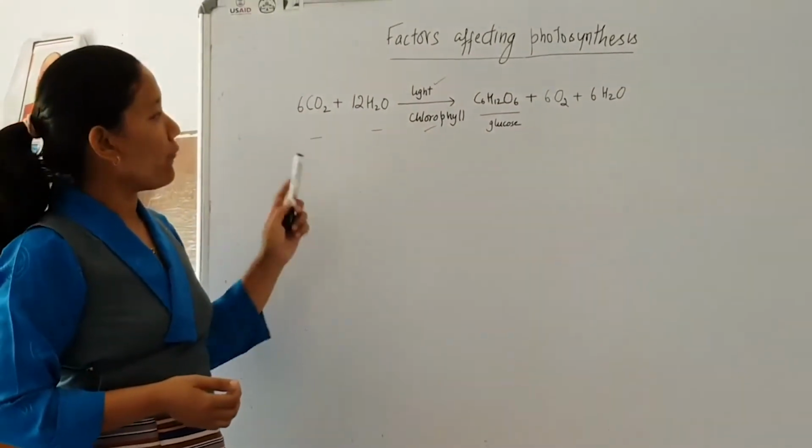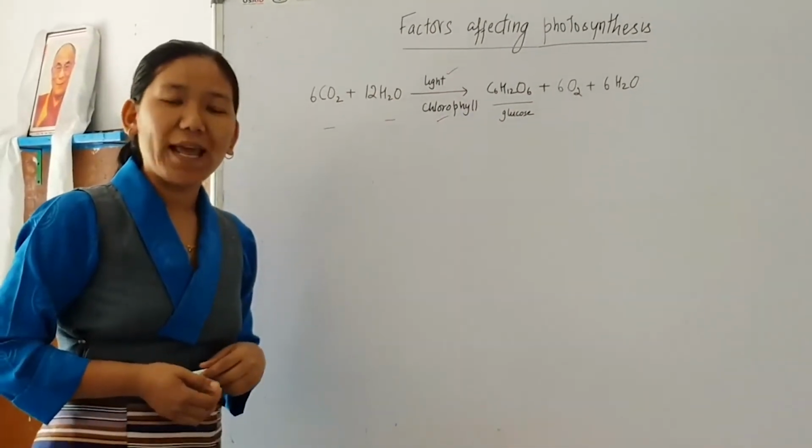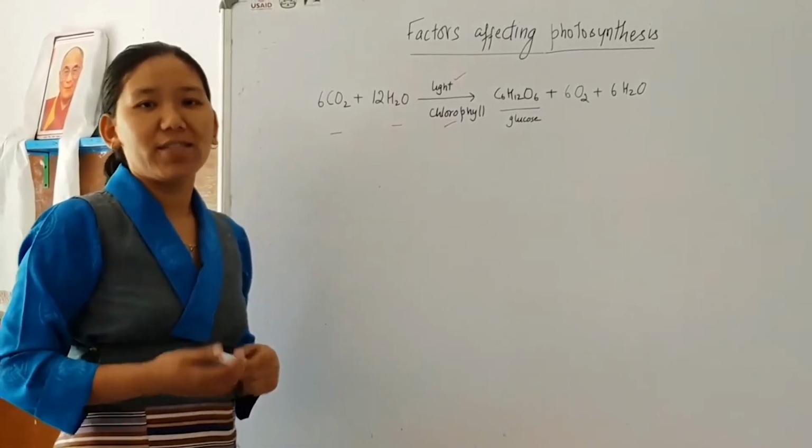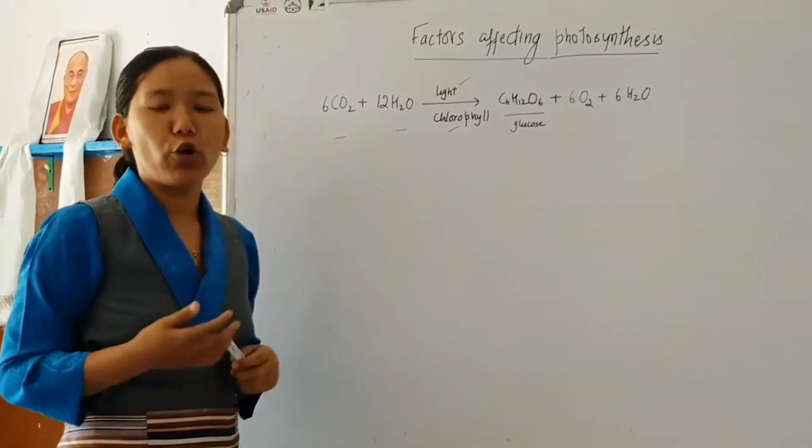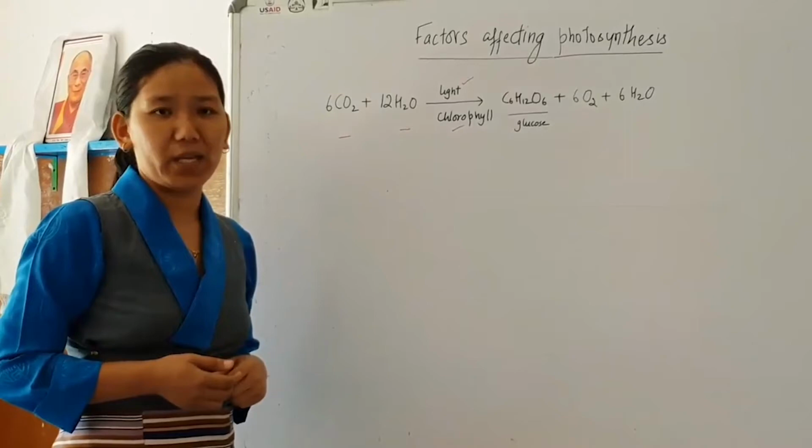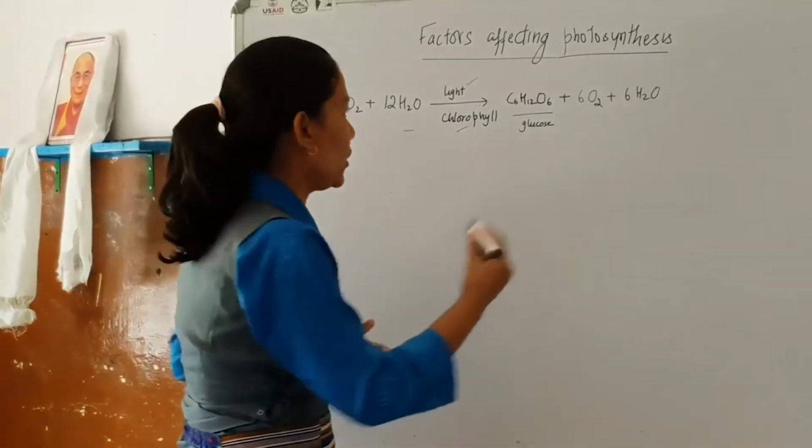When more than one factor is involved in any biochemical reaction, then the law of limiting factor by Blackman comes into effect.